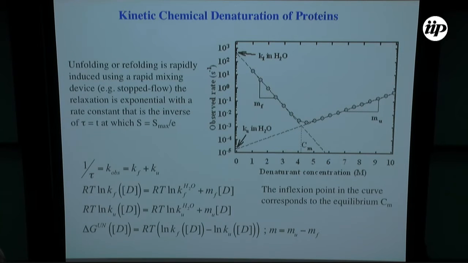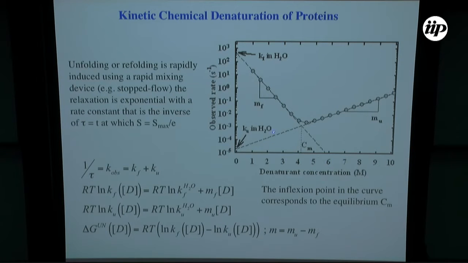It turns out that the same thing happens for the unfolding and the folding rate constants. Typically, not always. And what that means is basically when you do now a plot in which you have the denaturant concentration here, and here you have the rate. This is a log scale, okay? This is the observed rate, so it's the sum of the two processes, okay?